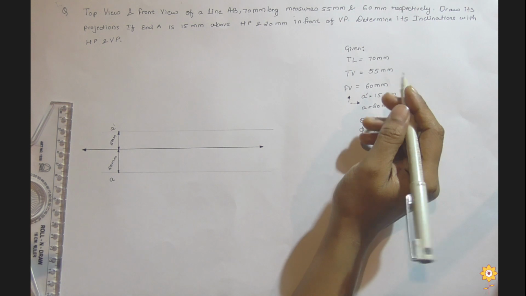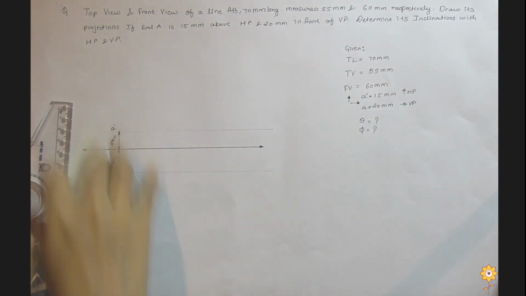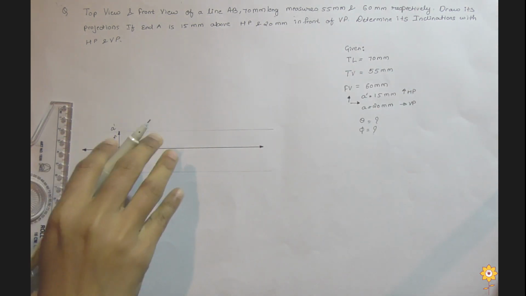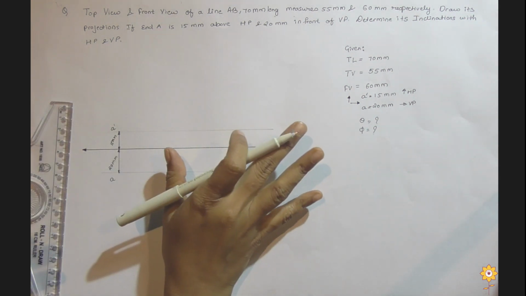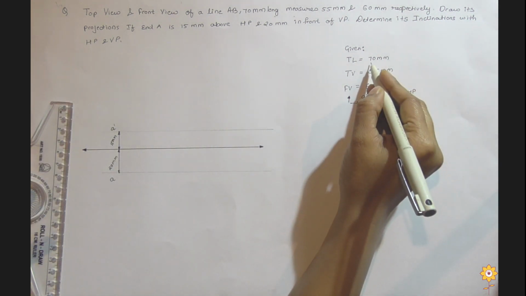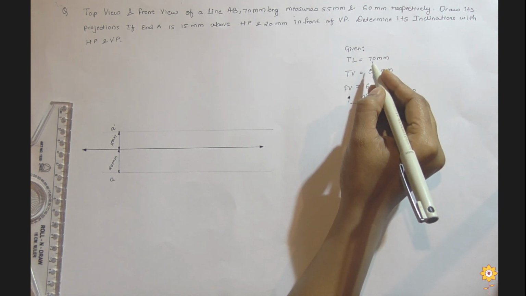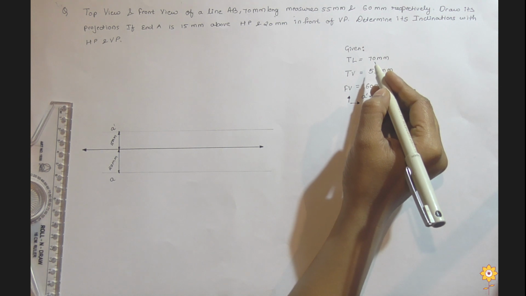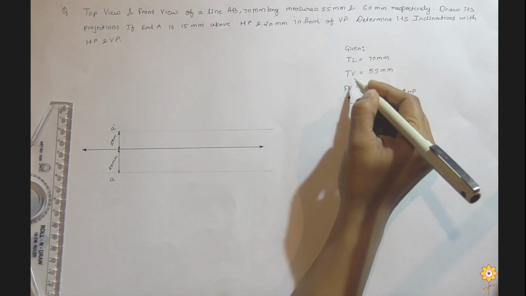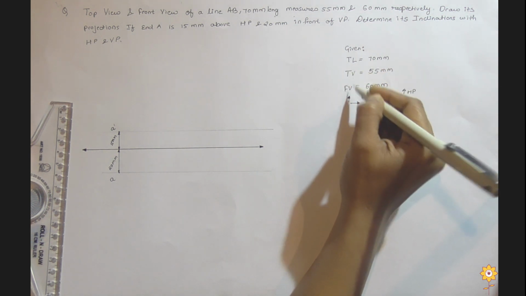Now the next data. First of all, we'll put the given data into the solution, and then we'll find out whatever is not given to us. Here I have the true length, but we can't mark it directly because we don't have the corresponding angle or the location. The next given is the top view and front view.